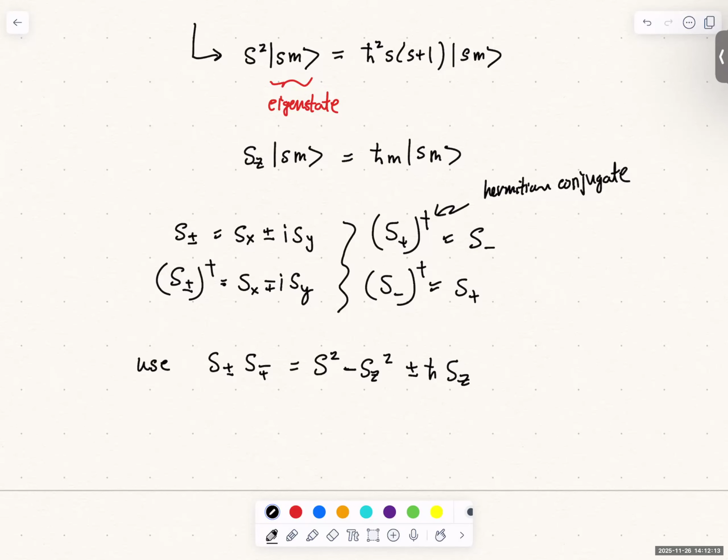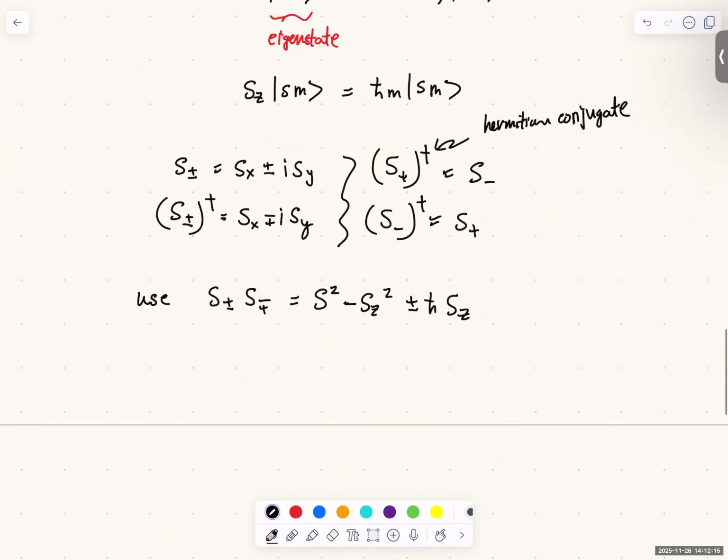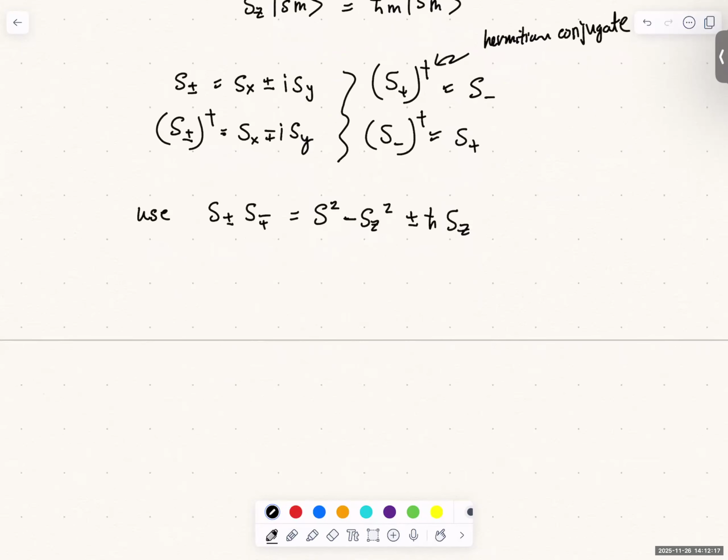So what I want to do is consider the expectation value of this quantity. This is actually one of the questions in Griffiths, so we're going to solve one of the problems that he has.